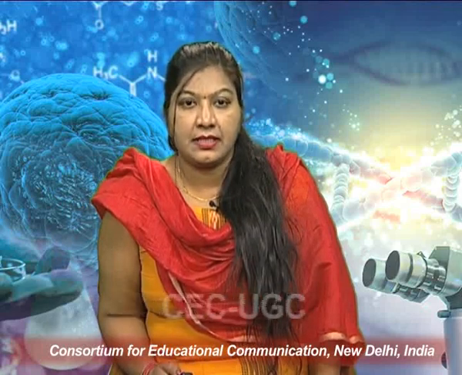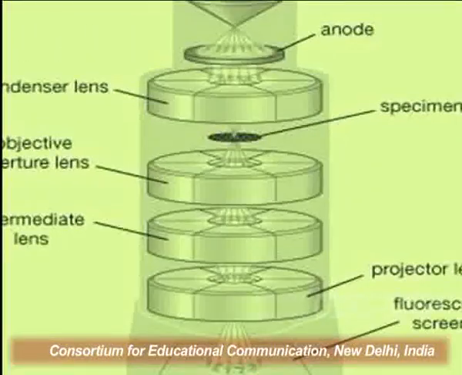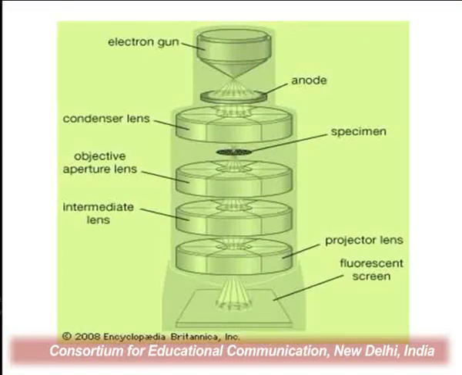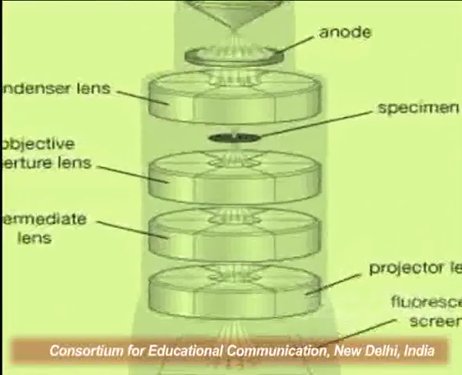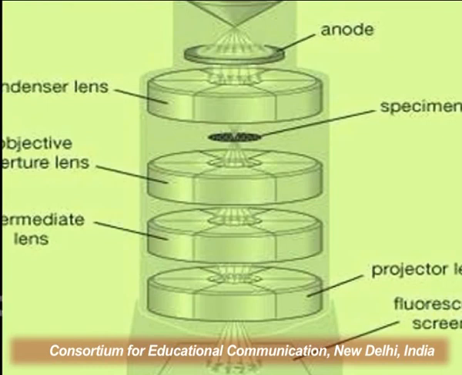Next, you see this is the arrangement of the TEM. From the topmost we have the electron gun. After the electron gun, the anode is put, and the beam passes through the anode, and we see here there are various lenses like condenser lenses, aperture lenses, and intermediate lenses.